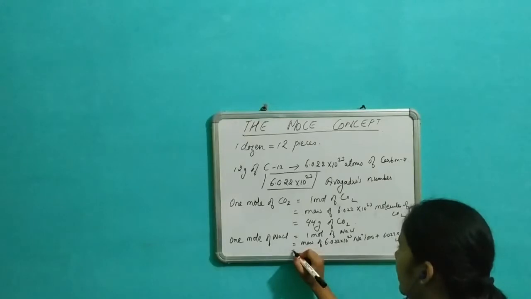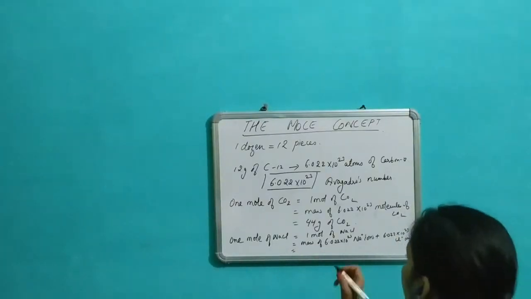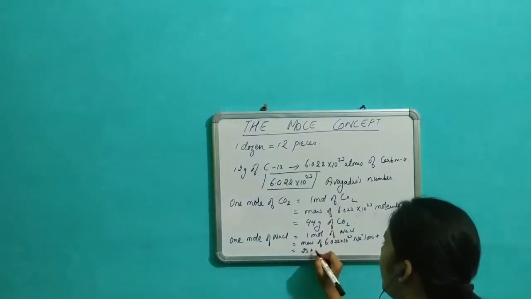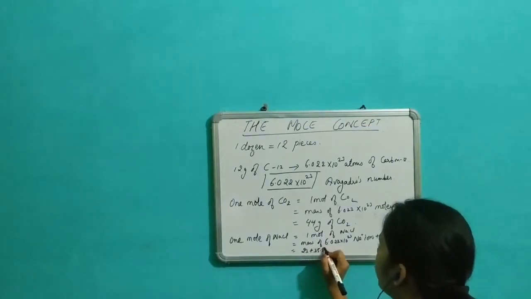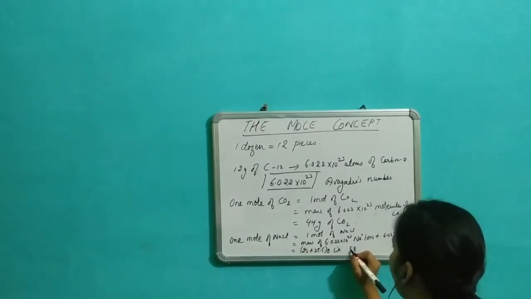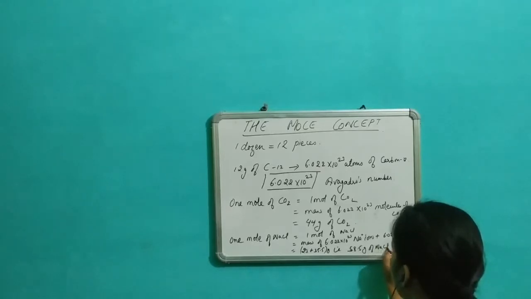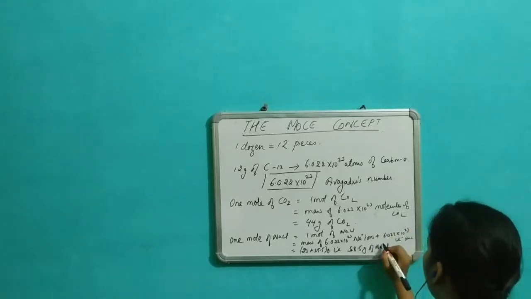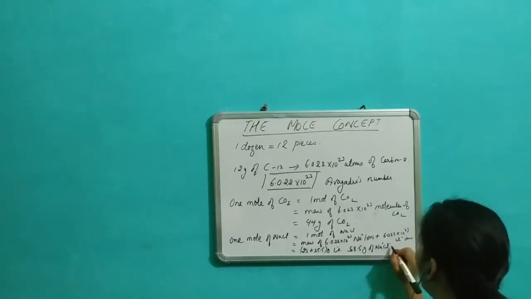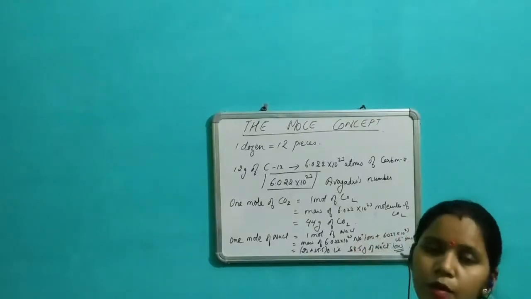So the total mass is equal to 23 + 35.5 grams, that is 58.5 grams of NaCl, Na+ and Cl- ions. So this is how we define a mole.